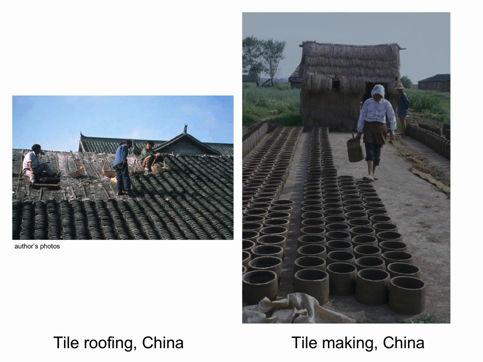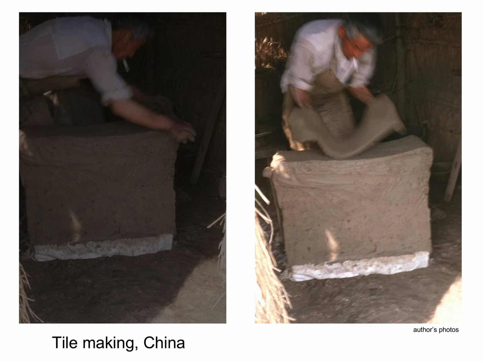And then while we were in China visiting the countryside, we came across this husband and wife team making tiles. And I have a series of photographs showing you how those tiles are made. So digging the clay on site, they build this sort of rectangular block of clay, and then using a tool they can cut a slab from the top.